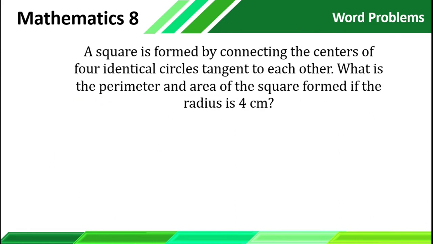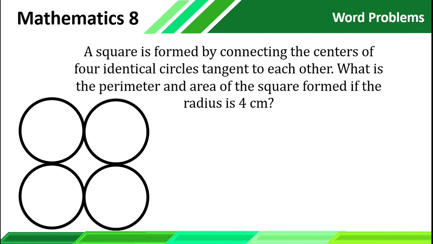Next, a square is formed by connecting the centers of 4 identical circles tangent to each other. What is the perimeter and area of the square formed if the radius is 4 cm? So here in our problem, we have 4 identical circles, and using its centers, we created a square.